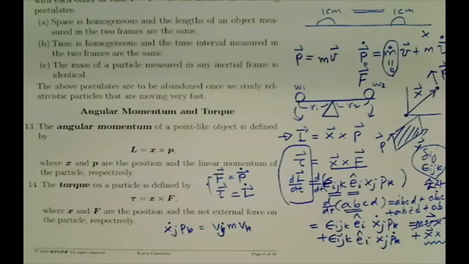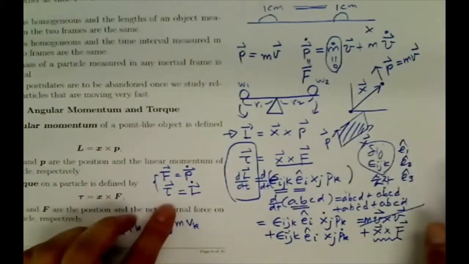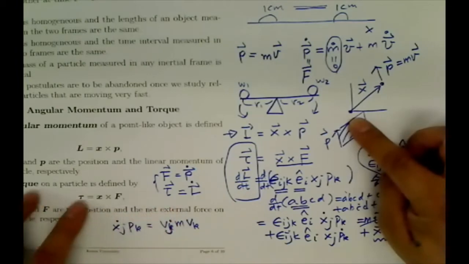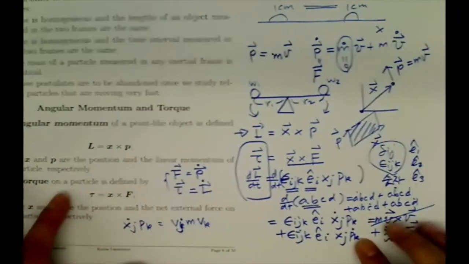Therefore, we had better define a rotational version of momentum. Linear momentum is mass times velocity, but angular momentum is a cross product of the polar vector, that is the displacement from the origin of the coordinate system, and p: x cross p.